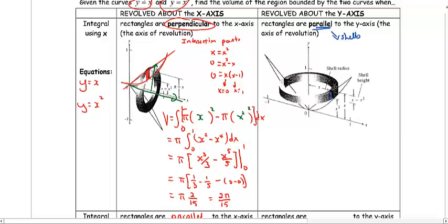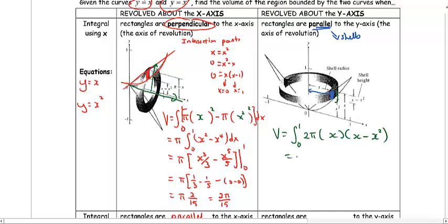So here's our representative element. Notice the radius is the distance from there to there. And then the height would be the difference in the two functions. So once again, volume equals the integral from 0 to 1, 2 pi radius, which is x, shell height, which I think is the linear function x, and that's the one that's furthest away from the axis of rotation, minus x squared, the one that's closer.